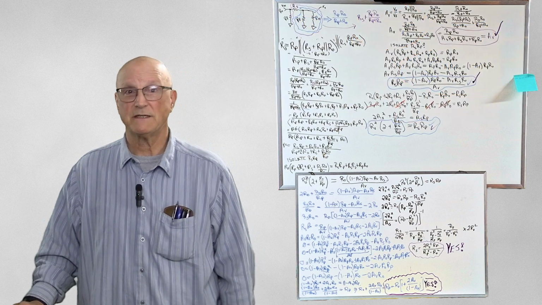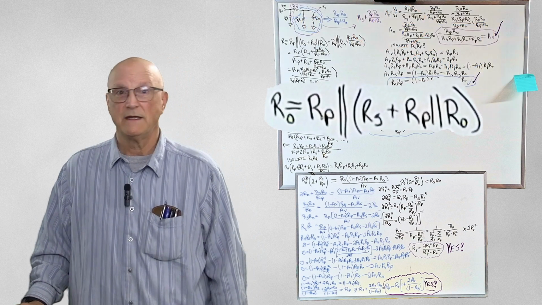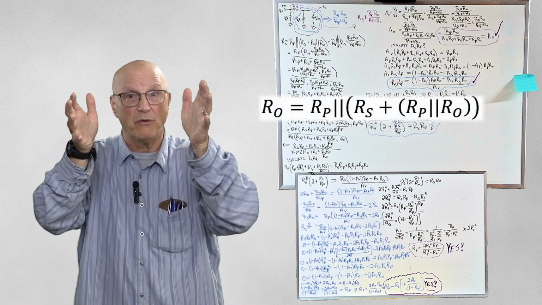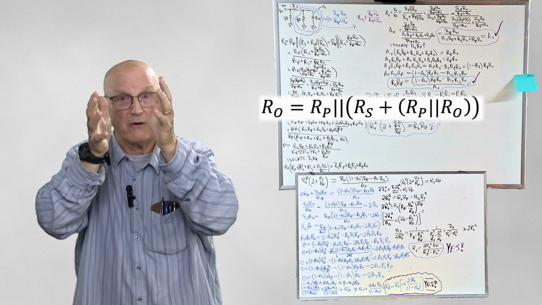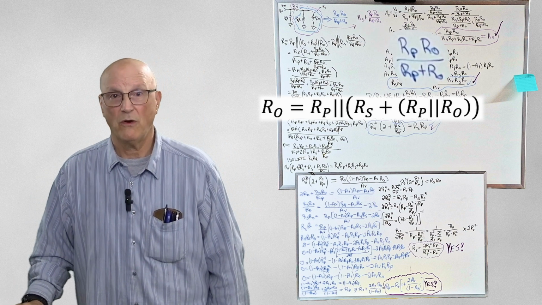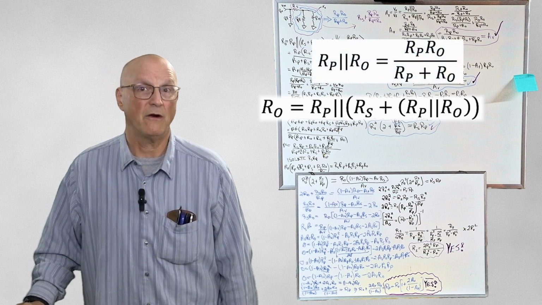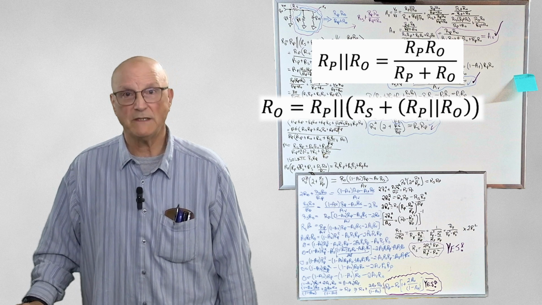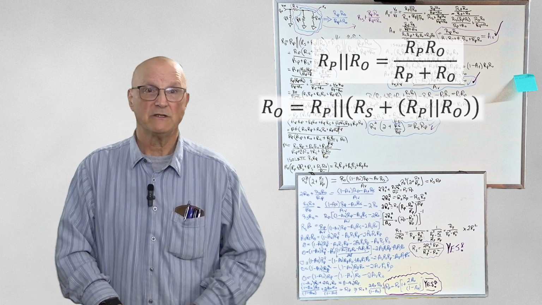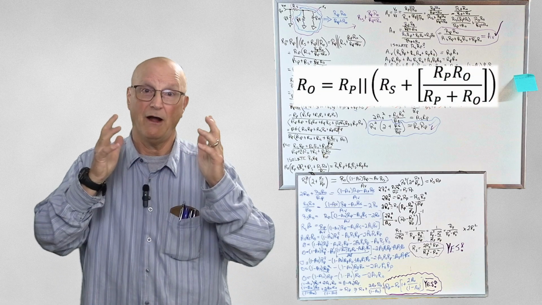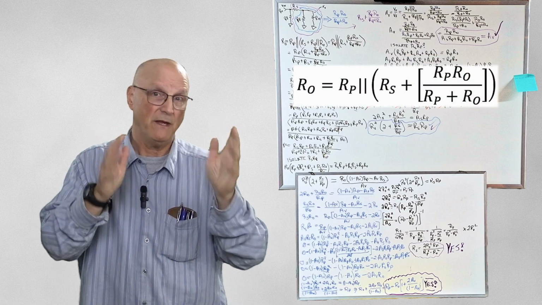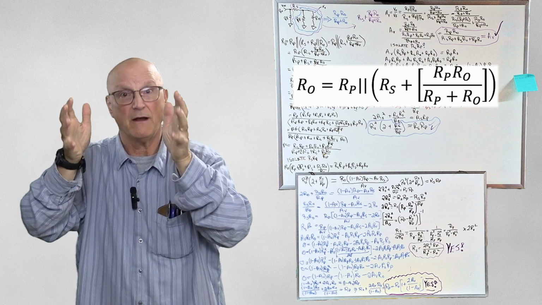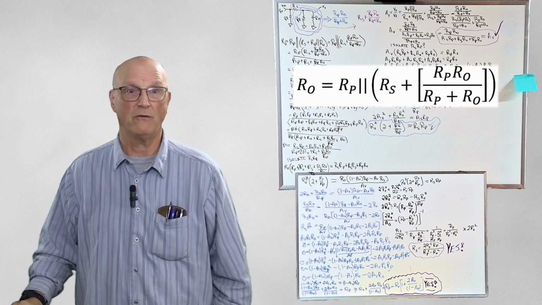So the impedance as seen looking into the input is equal to RP in parallel with RS plus RP in parallel with RO. And we know that RP in parallel with RO is equal to RP RO over RP plus RO. Putting this into our first equation, we get that RO is equal to RP in parallel with RS plus RP RO over RP plus RO.